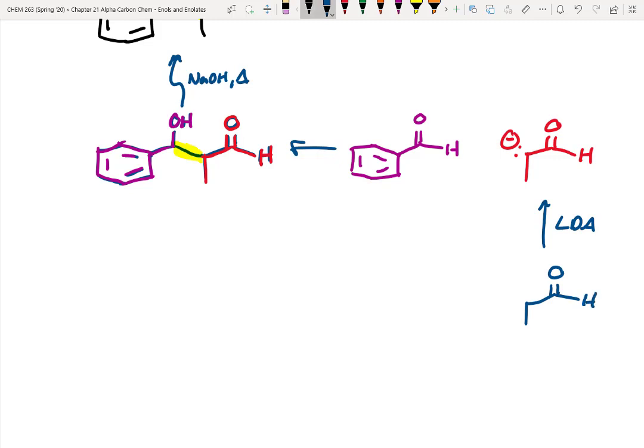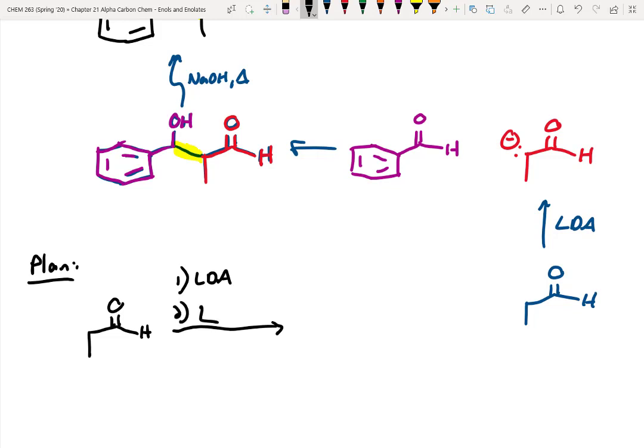So let's draw out our plan really quick. My plan, at least with the LDA method, was to first react this with LDA to make my enolate. And then step 2 was to react this with benzaldehyde. And then step 3 is to react this with water.